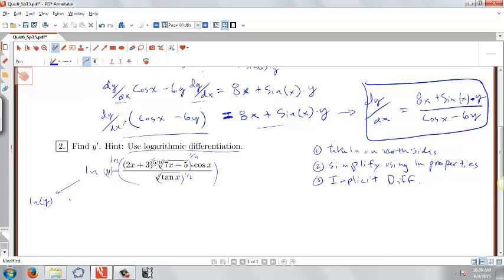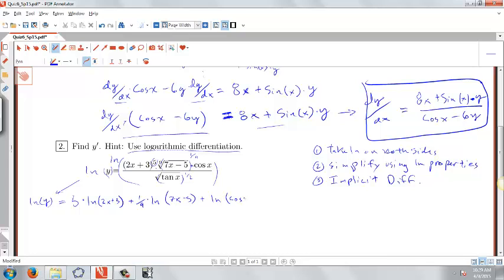So natural log of y, have not taken the derivative yet, equals 5 times the natural log of 2x plus 3, plus 1/9 times the natural log of 7x minus 5, plus the natural log of cosine x.